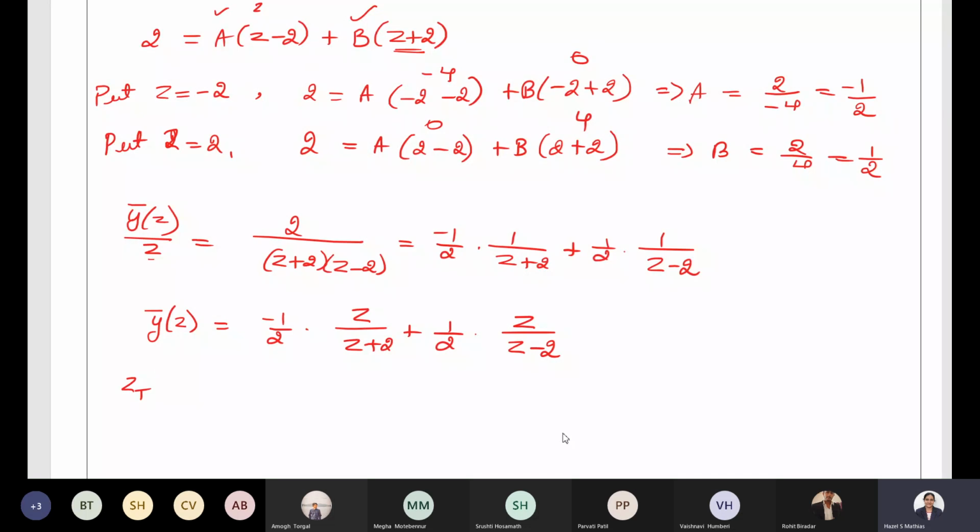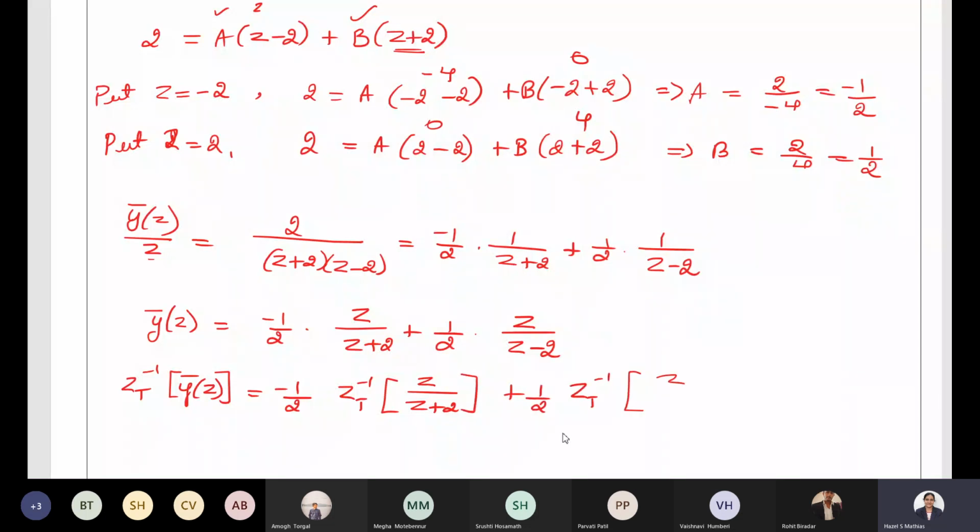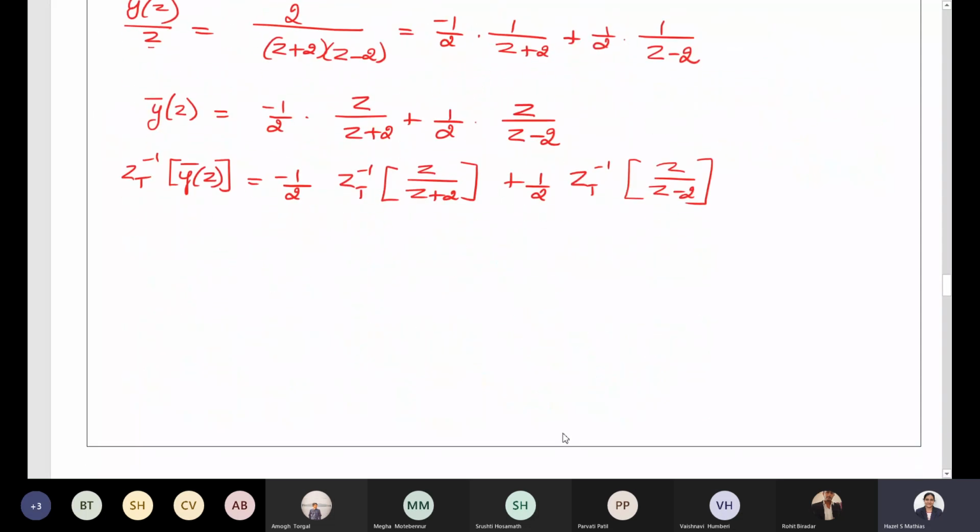Next step is to find the inverse z transform of Y bar of z. That will be minus half into inverse z transform of z by (z plus 2) plus half into inverse z transform of z by (z minus 2). Now tell me, what is the inverse z transform of Y bar of z? It is y of n, equal to minus half into, what is the inverse z transform of this?